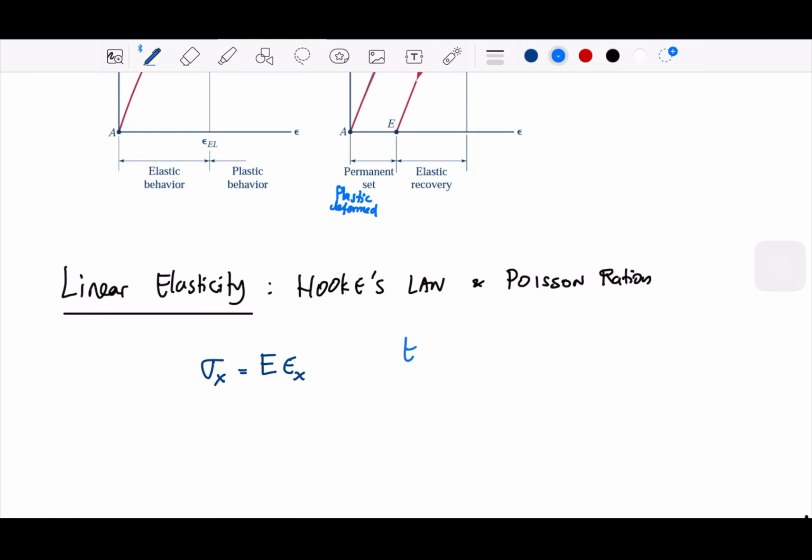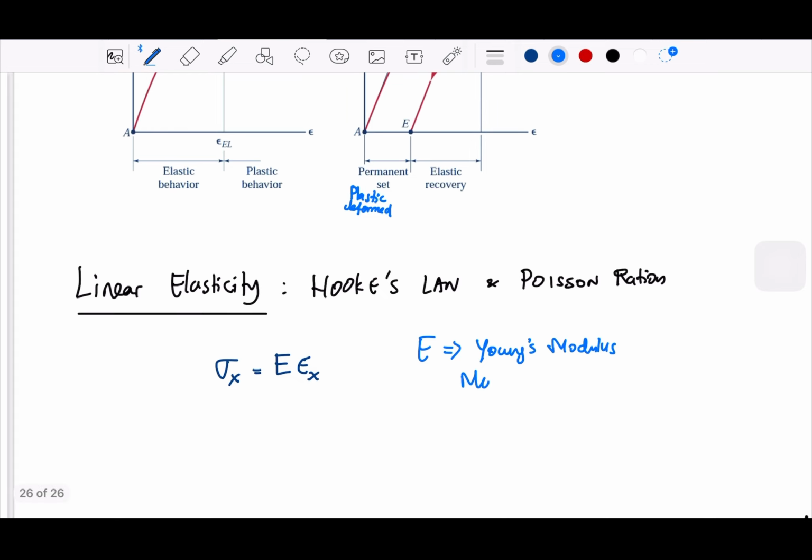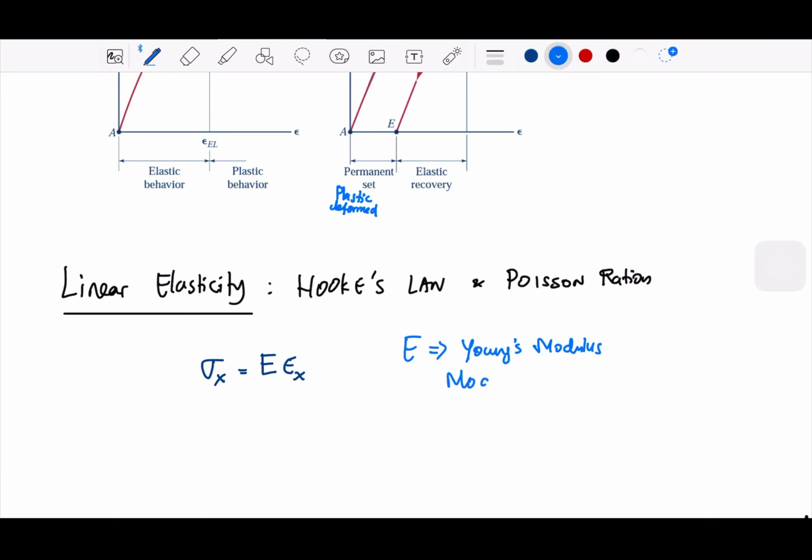So E is the Young's modulus, or modulus of elasticity, in GPa or MPa.